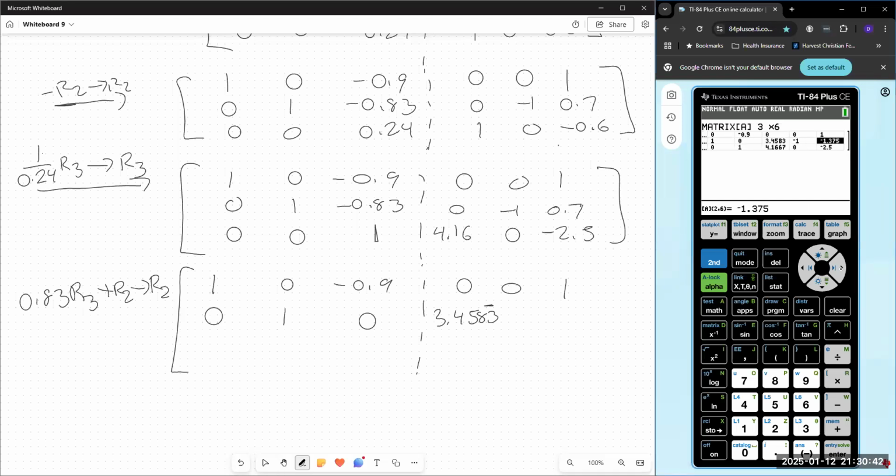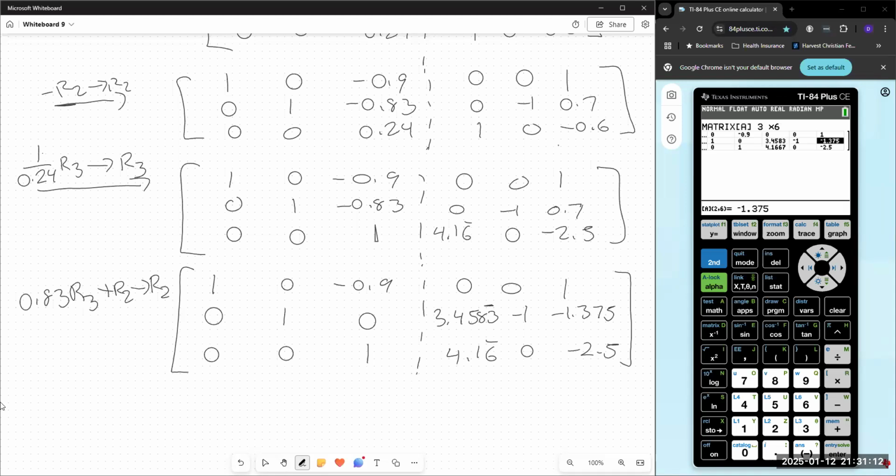Negative 1, and then negative 1.375. Again, I prefer fractions to decimals, but this problem was in decimals. They want you to work it in decimals, but they want you to get an exact answer. So that's what we're going to do. 2.5.